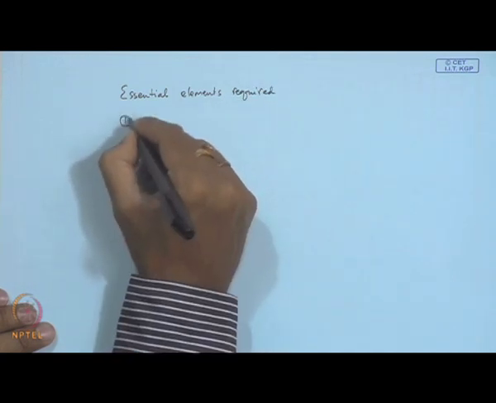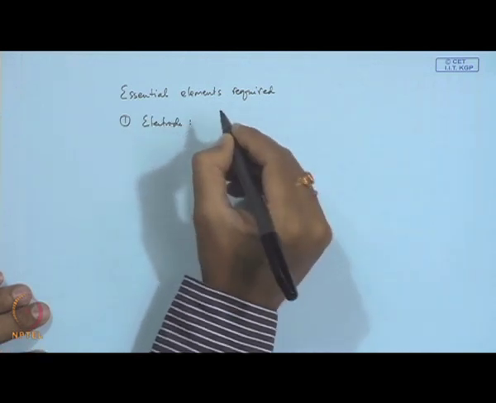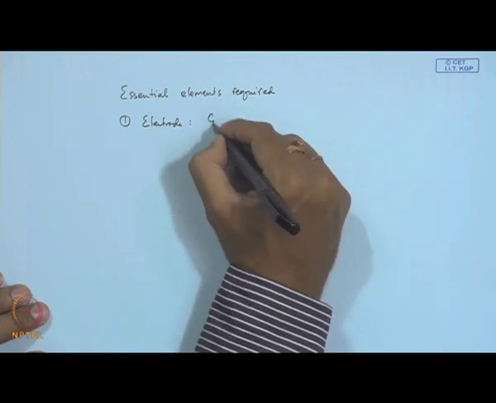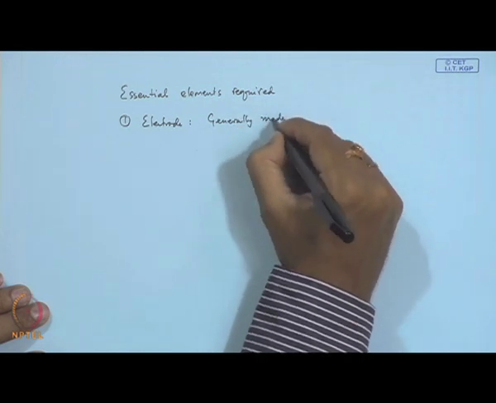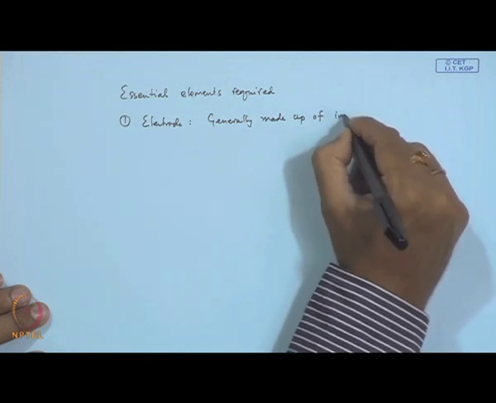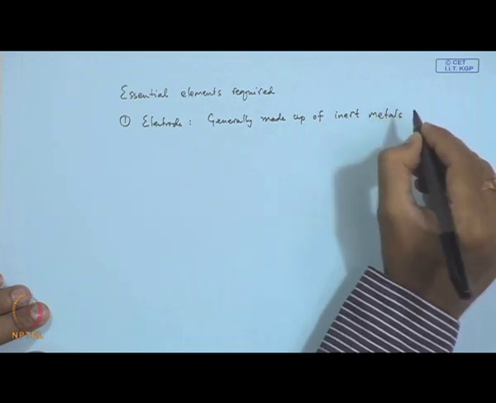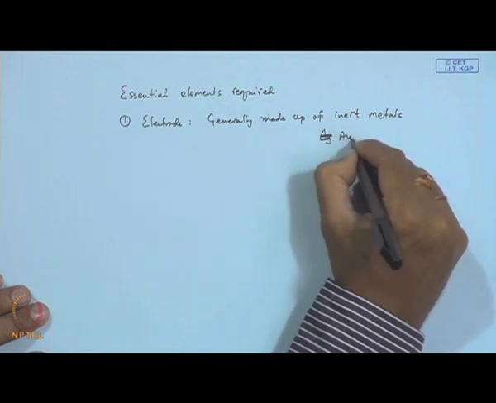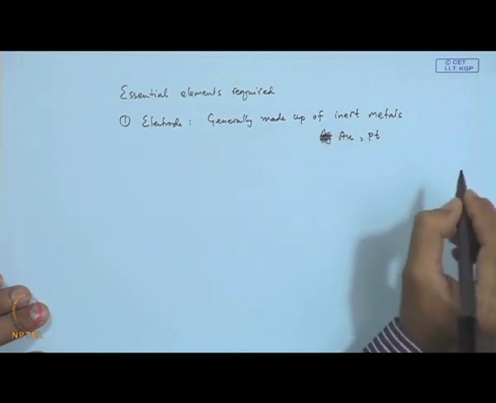One is your electrode, generally made of inert metals like gold, Au, Pt, not silver.